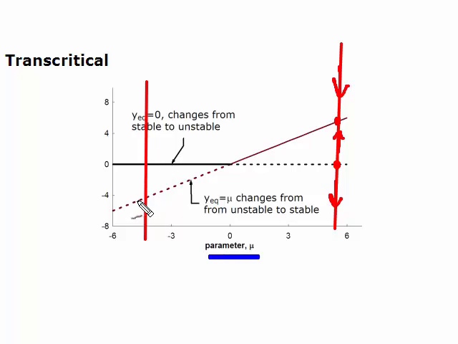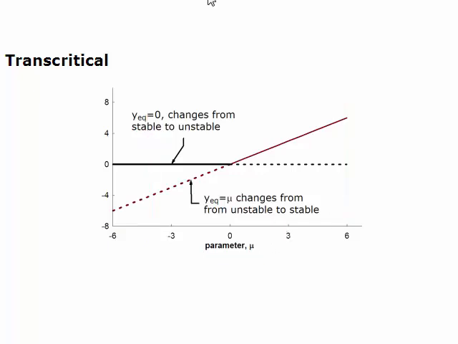If we drew the phase line down here, we would have these two equilibrium values. This one is stable, and this one is unstable. But without the phase lines, here is your bifurcation diagram. This is the transcritical bifurcation.